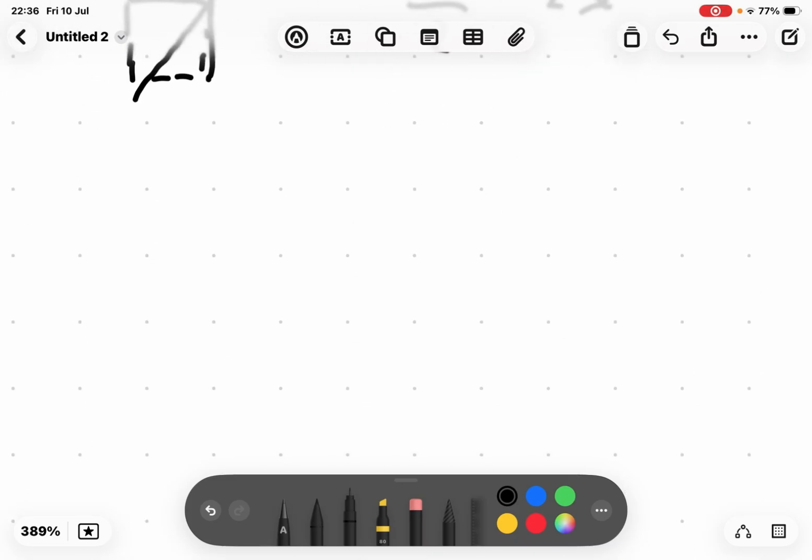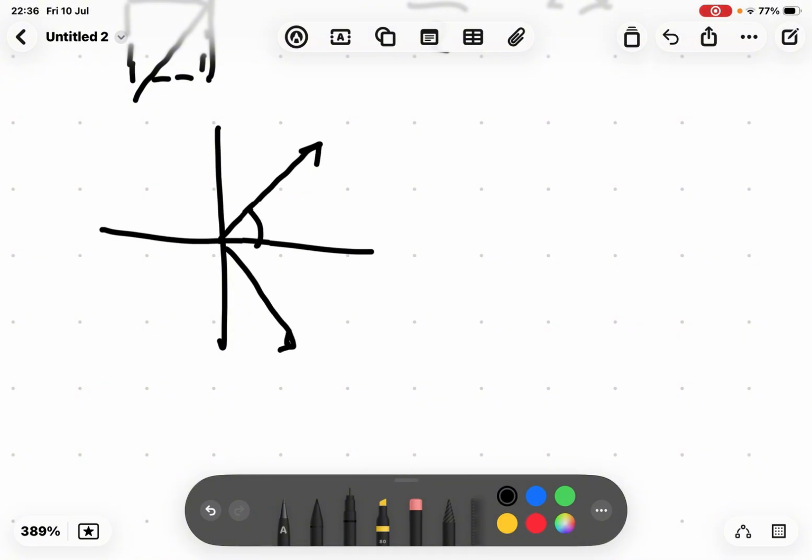Another thing to understand is, let's say you have a graph. If the line is at 45 degrees, the m is 1, always. If it's at 45 degrees but going this way, it is negative 1.